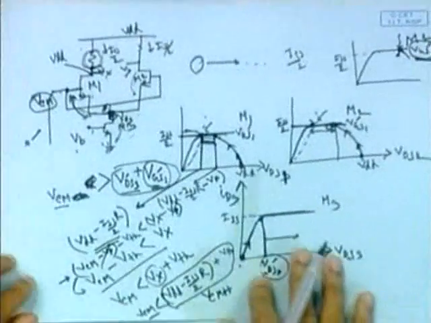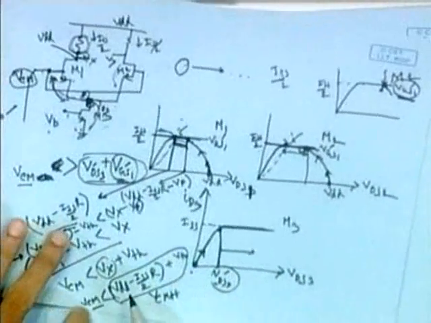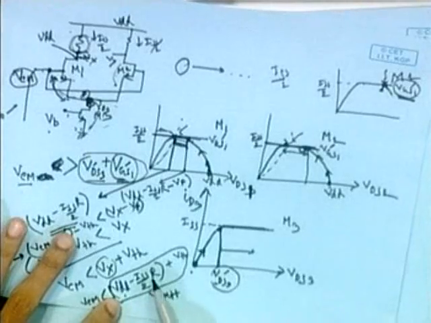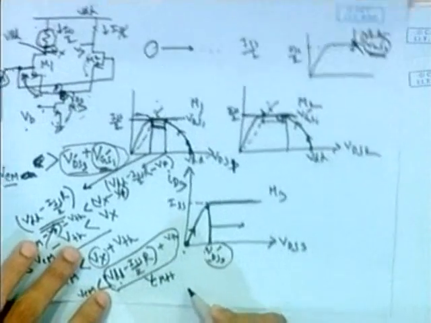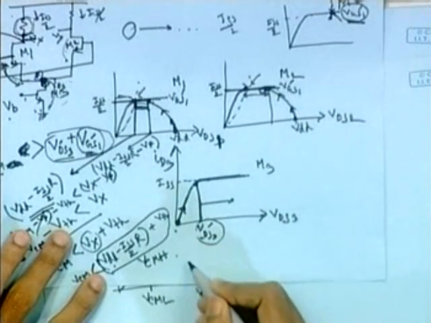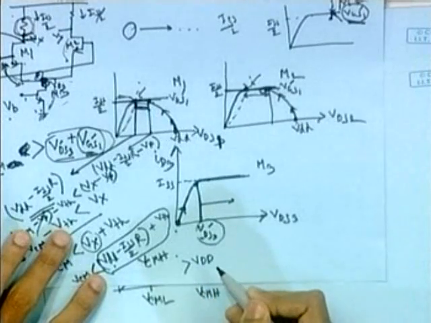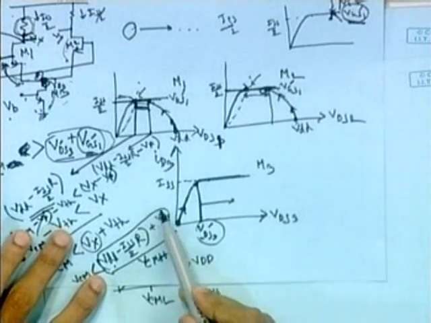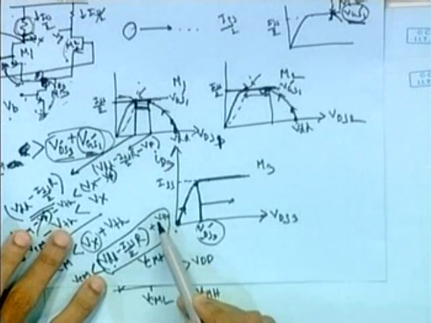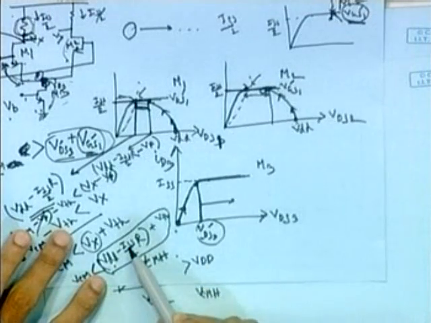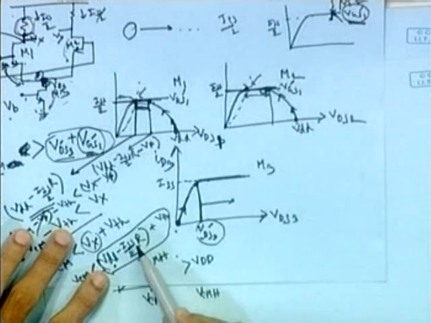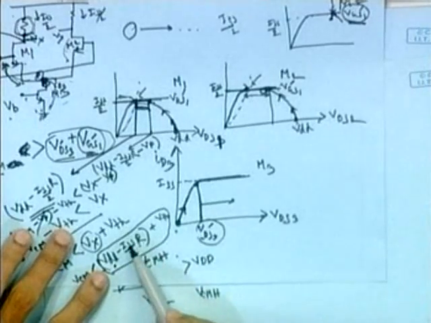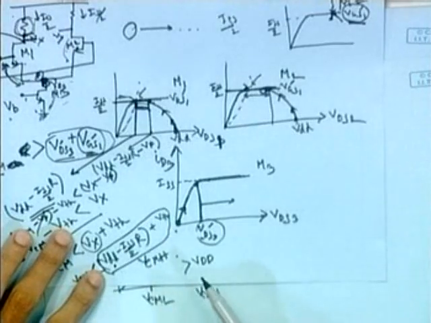Okay, now it may sometimes happen that you calculate this factor, VDD minus ISS by 2R plus VTH, and this factor may be greater than VDD. It may happen because you are adding this VTH, which doesn't have any relation with ISS. VTH is an independent quantity. So though you are subtracting this ISS R from VDD, you are adding one more independent quantity, so this total summation may be greater than VDD in some cases.